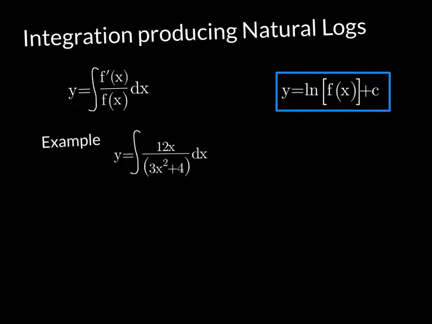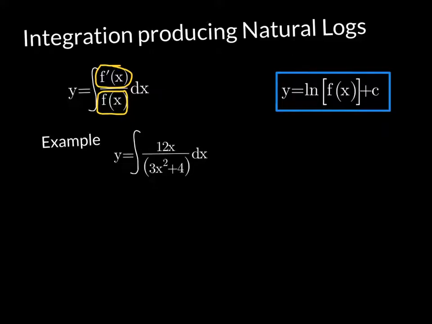So now let's look at something a bit more complex. So let's say that we're trying to integrate something that is essentially the differential of a function of x divided by that original function of x. So basically we have f dash x on the top line, and then the original function, f of x, on the bottom line.